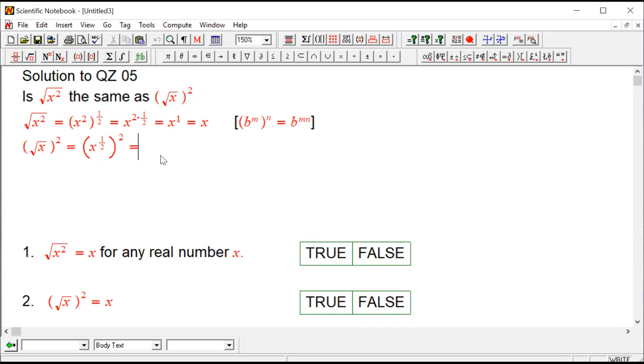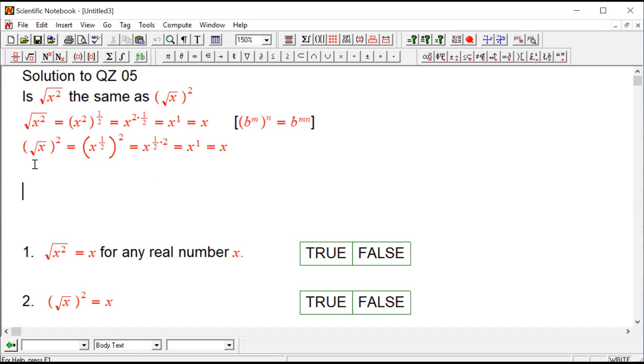So we can apply that property one more time, and then we will get x raised to the power of 1/2 multiplied by 2. And that equals x raised to the power of 1, and that equals x. Which one is right? Which one is wrong, right?